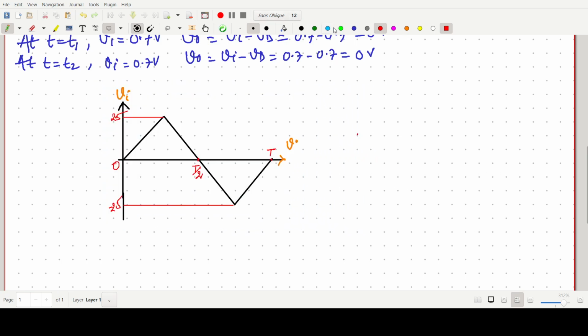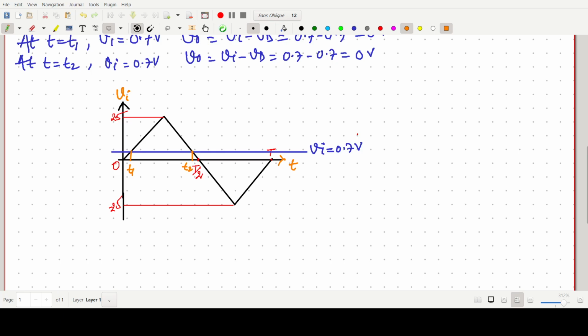Once again, I'm just repeating. First we have plotted the transition line, that is this one, Vi equals 0.7 volt. This one is the time axis. Then we have plotted everything, and now we have to find these two points, t1 and t2.